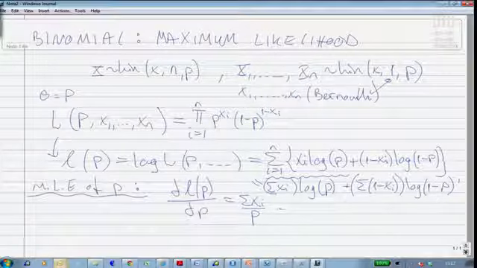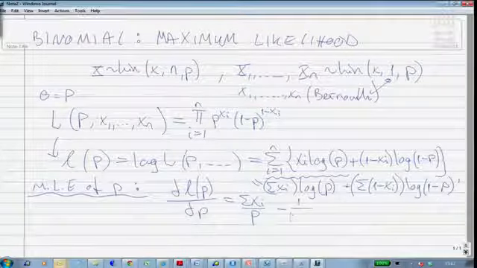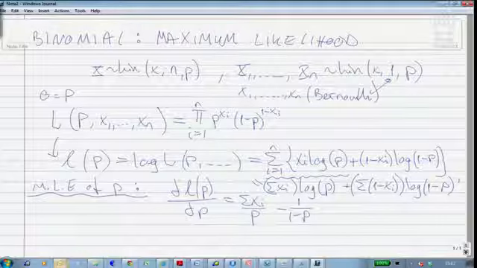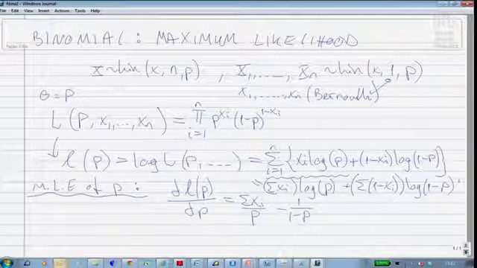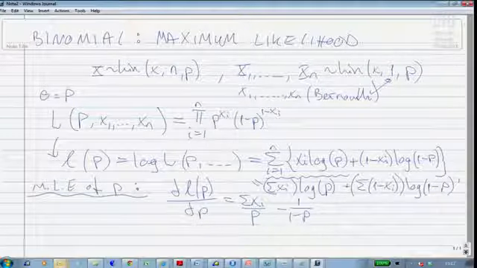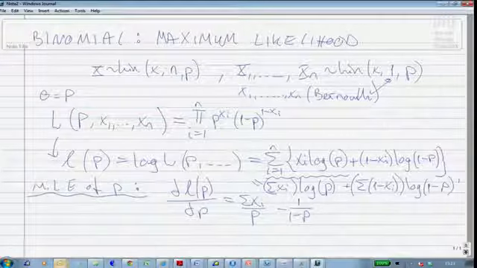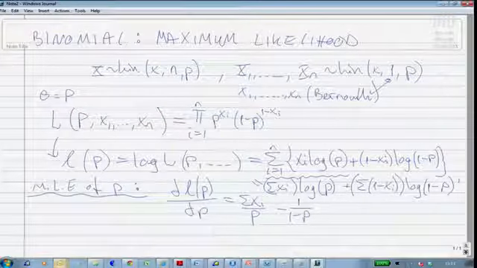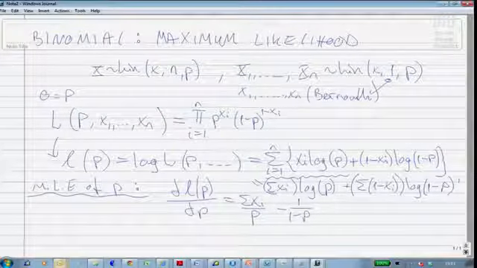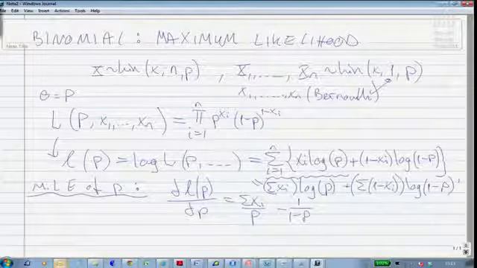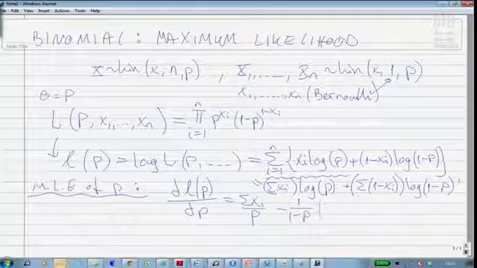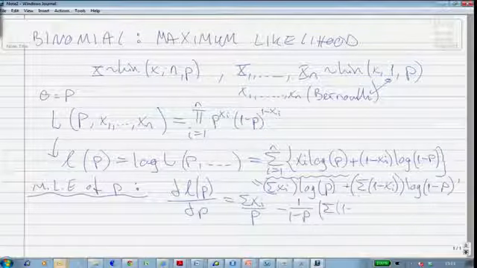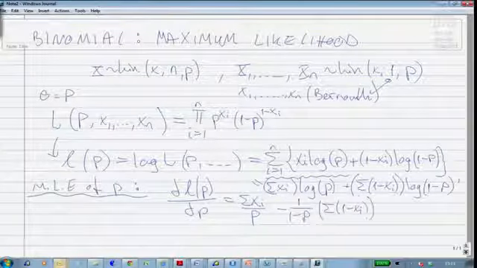That becomes minus 1 over 1 minus p, because log of something is 1 over this, and then there's an inner function. I'm doing the derivatives a bit fast here, assuming that this is something we've learned. Hopefully I do it correctly. I'm just checking my numbers here. Looks okay. Then I'm still lacking the constant here, which is the sum of 1 minus xi.